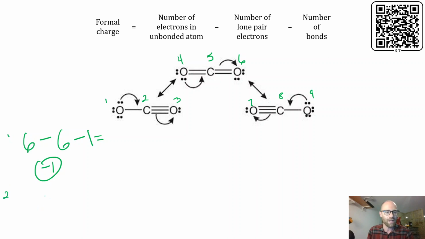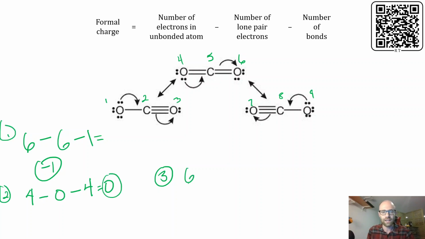For the carbon, we usually have 4 for carbon. We're going to subtract 0 lone pairs, and we have 4 bonds, 1 on the left and 3 on the right. So that's going to give us 0. This carbon has the same number of electrons as it would in an unbonded form. It's a way of saying how electron dense it is compared to an atom. And then for the third one, this oxygen over here, again, we have 6.